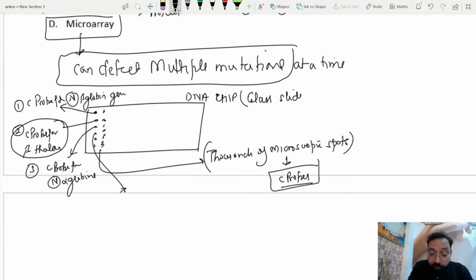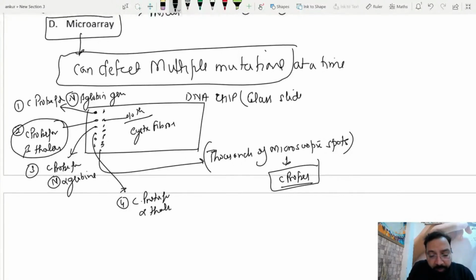At position 4 we attached a complementary probe for alpha thalassemia. In this way, I attach complementary probes for normal gene, mutated gene, normal gene, mutated gene. Suppose at position 10th, I attach a complementary probe for cystic fibrosis.